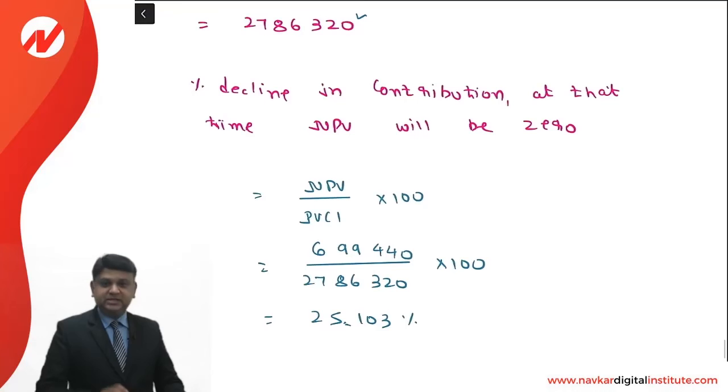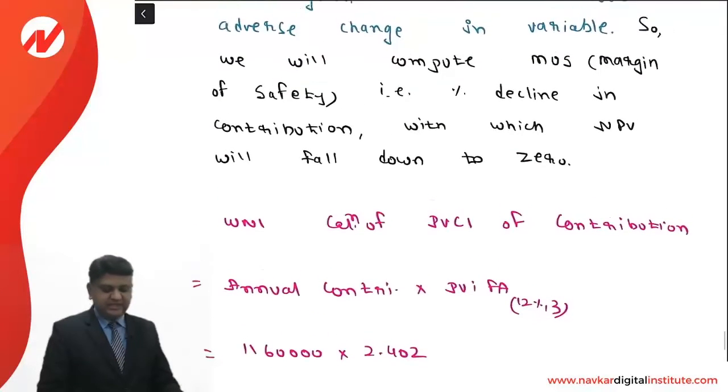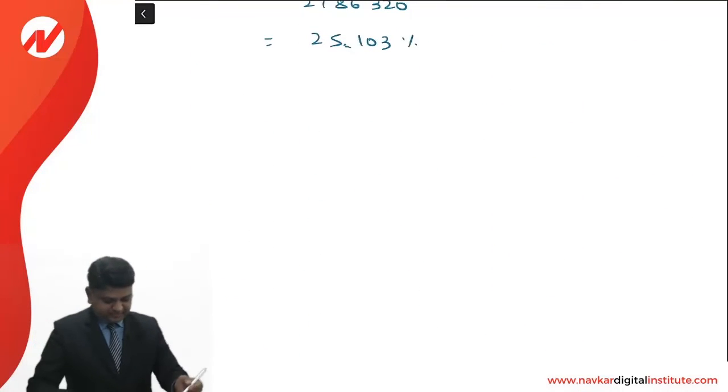So we understand that if at all our estimation with respect to the contribution is going wrong by more than 25.103%, NPV would be negative. Otherwise, this is the margin of safety that we have. That is the way we are required to conduct the sensitivity analysis. So we can write the conclusion like this.